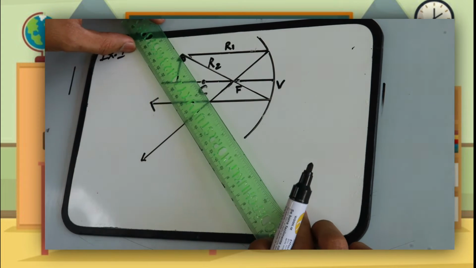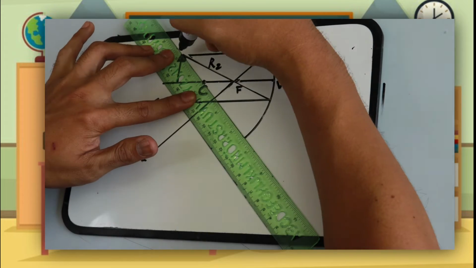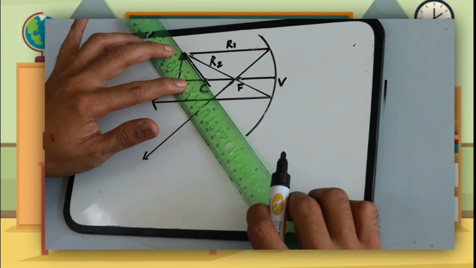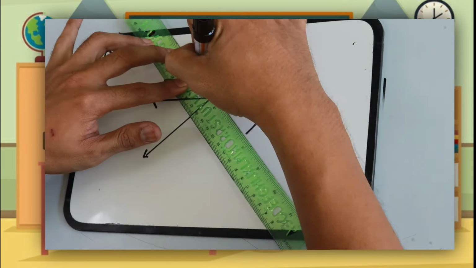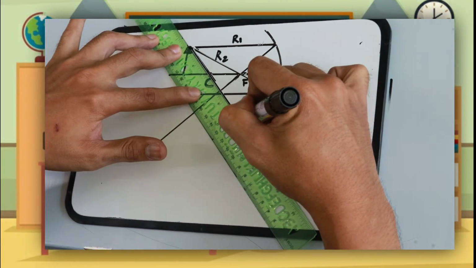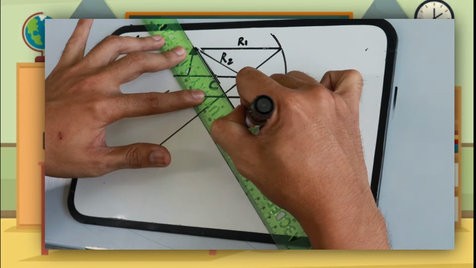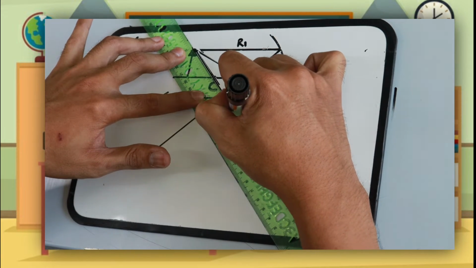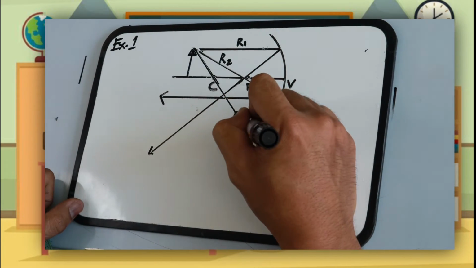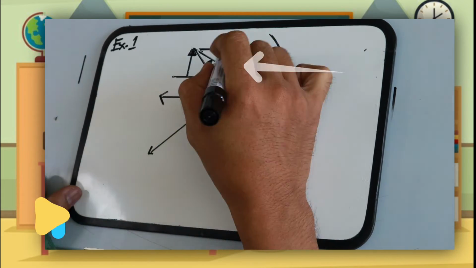Again, coming from the tip of the object, targeting the center of curvature, then to indicate that there is a reflection, we will reflect it, traveling its own path. So this will be our third ray.